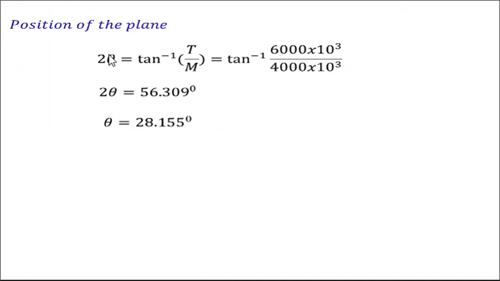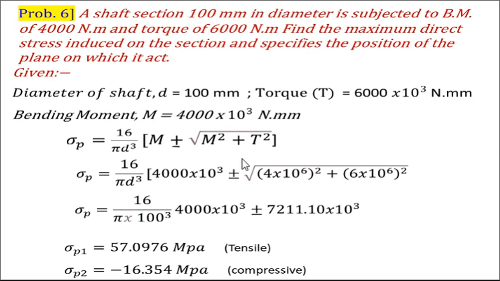So as usual, that formula is 2 theta is equal to tan inverse of T divided by M. So T means the torque applied and M is the bending moment. So torque is given as 6000 into 10 raised to 3, and bending moment is given as 4000 into 10 raised to 3. Actually it is converted into Newton mm. In the problem that value is given in Newton meter, and torque is also given in Newton meter.